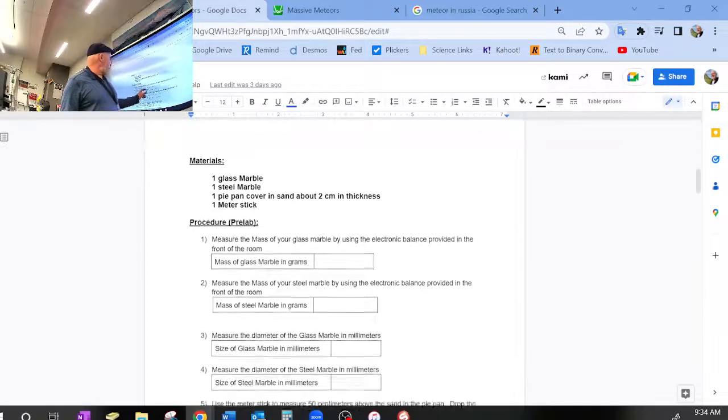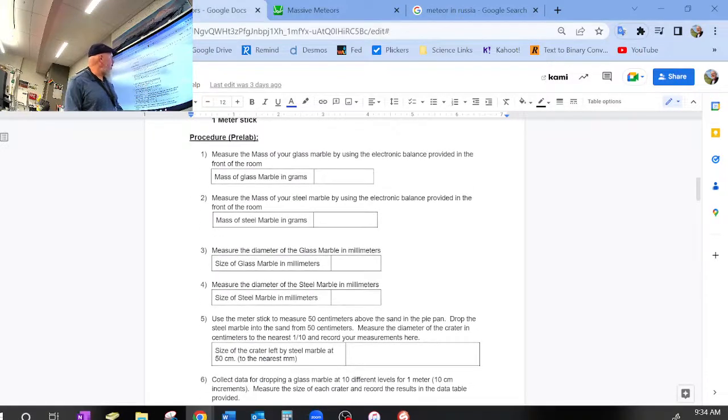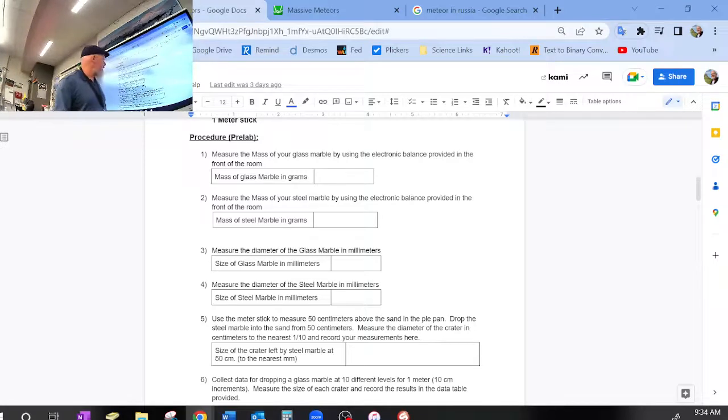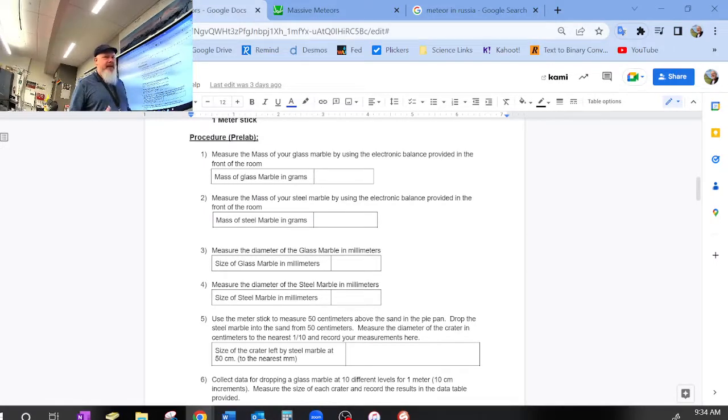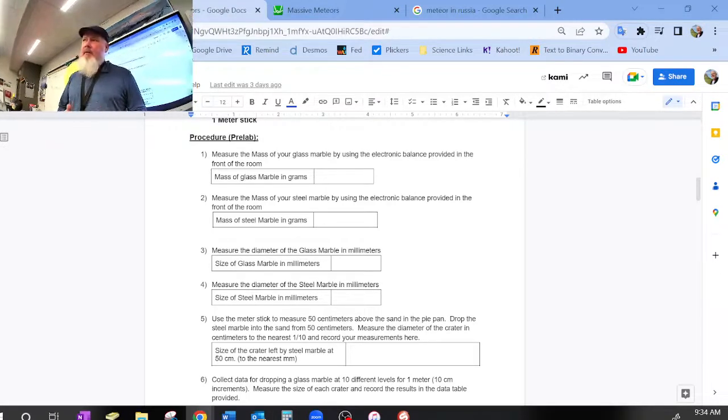From there, the pre-lab, what you're going to be doing is you are going to figure out the mass of the marbles, the glass marble and the steel marble. So how do we figure out the mass? Well, first of all, we have to be really careful, because something hopefully we talked about before in this class is that mass and weight are not the same thing.